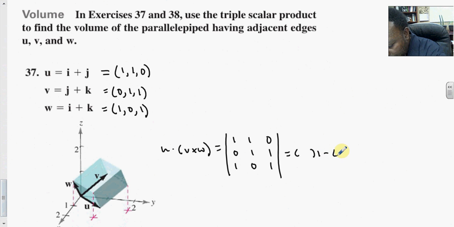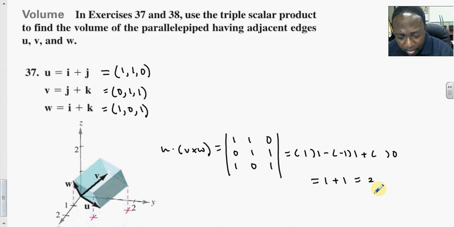This is minus times this one there, and then plus, it doesn't matter about that, it's times 0, so we don't care. For the first one, we delete its row and column. That gives us 1 minus 0, we get 1. For this one here, delete its row and column. That gives us 0 minus 1, we get a negative 1. And then this is 0 over there, so 0 times anything is 0, so no need to even calculate that. So here we get 1 plus 1, that's 2.